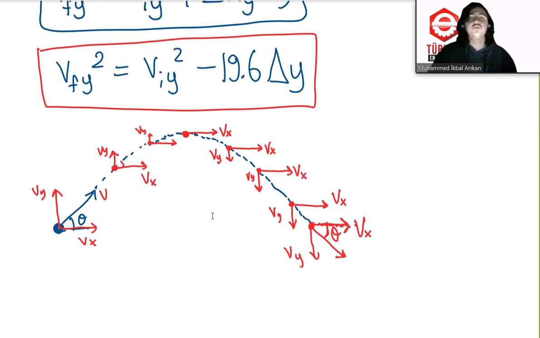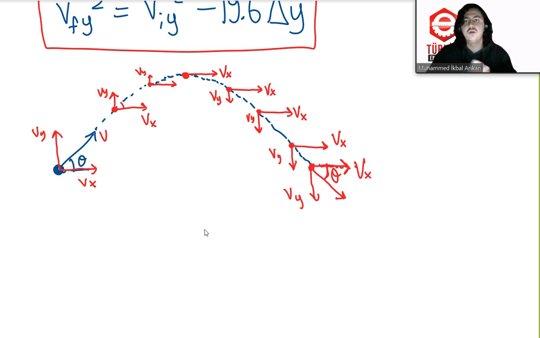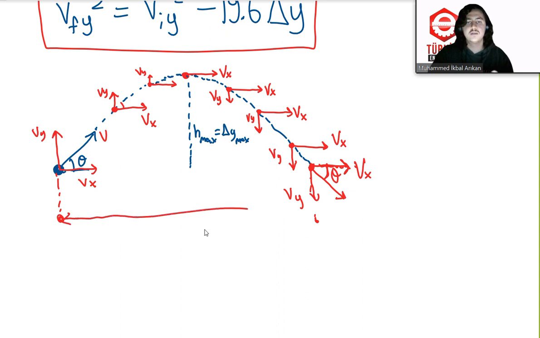So let's put an example, a new rule for h max. When you reach here, this height h max will be equal to delta y max, because this is your maximum displacement in y. What about the range? I will put the range here. Starting from this level until you reach your ground level, where you are hitting the ground, you will have a length from the initial point to the final point.